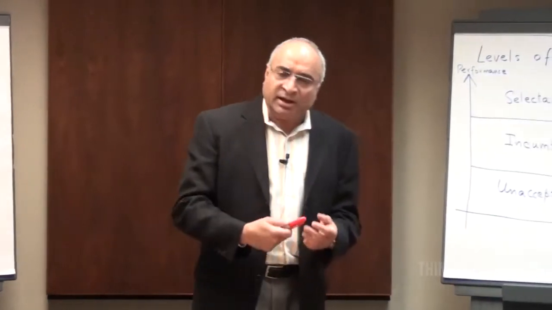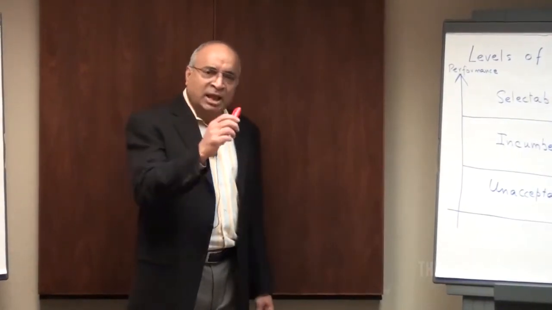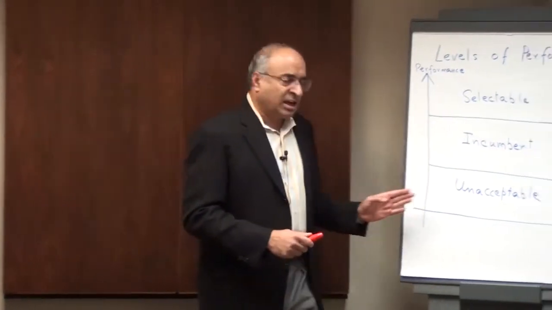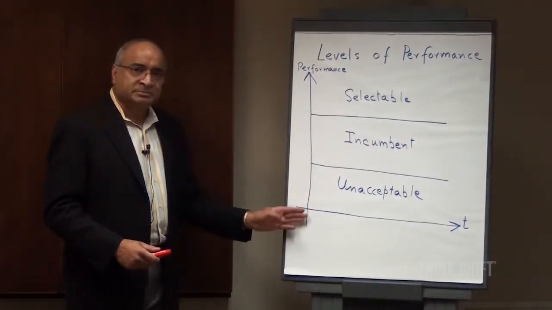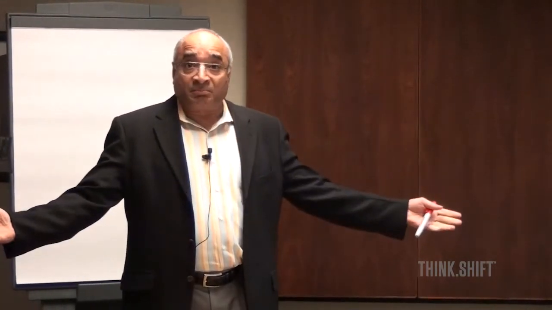Now let's take a hypothetical employee, an employee who joins you on day one. On day one, in other words, on the time axis, what is your expectation of their anticipated level of performance? Well, you just selected them. You voluntarily selected them in the marketplace to fill the position.